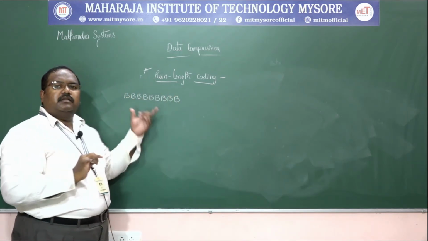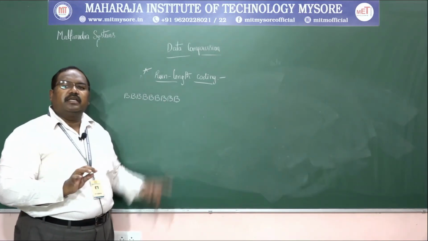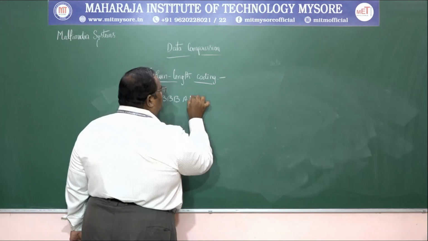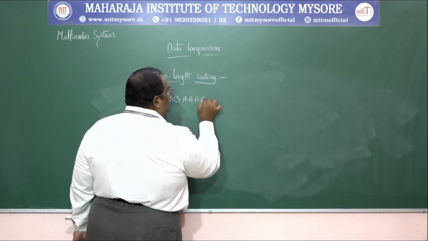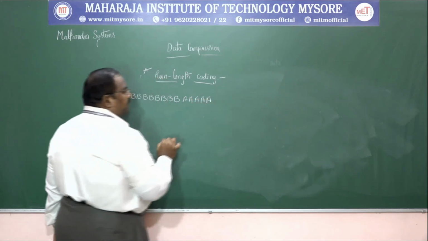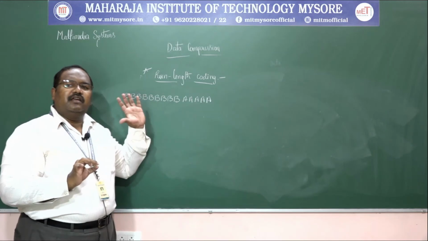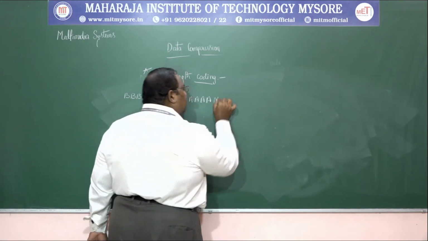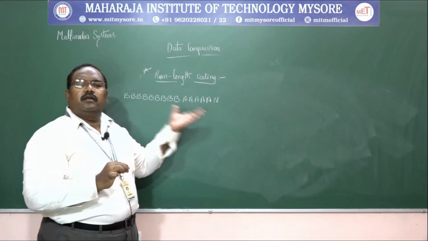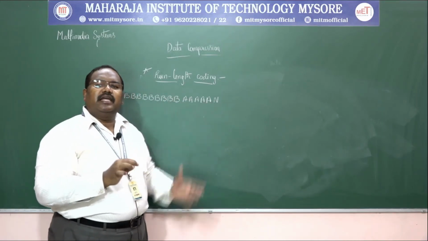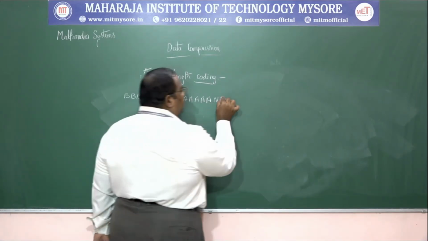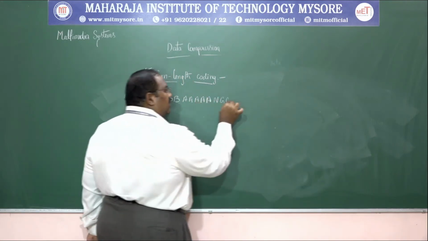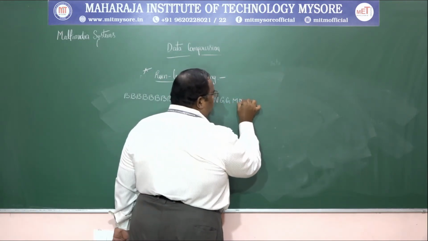I have written the letter B 9 times, and I'll write one more letter, A, 1, 2, 3, 4 and 5. So I have written the letter A 5 times. Now I will write the letter N only once because we need to work on all possible parameters. Then I will write the letter G 2 times, 1 and 2. Let us take one more letter, M, for 3 times.